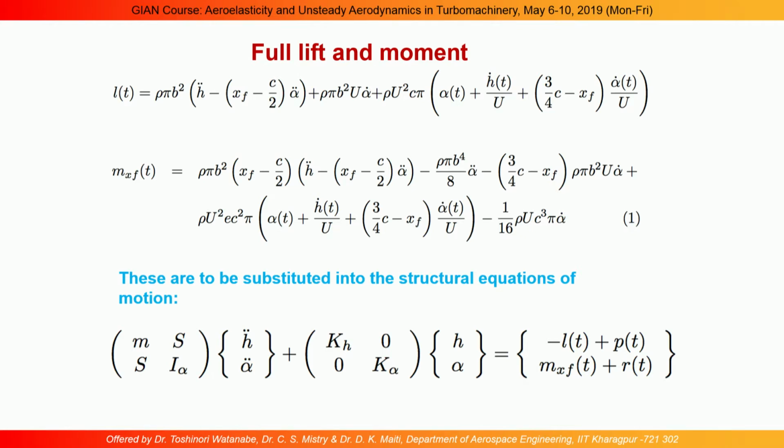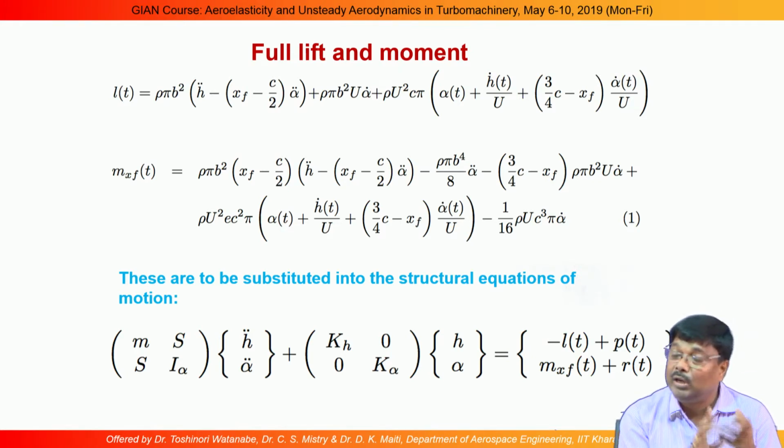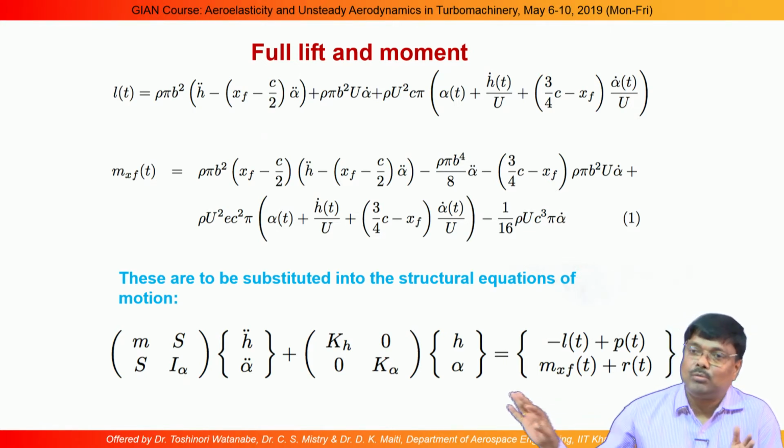If I take the terms appropriately to the left hand side, because we have some terms H double dot, alpha dot, then only alpha, only H also there. So, all these if we take to the left side, we will have right side equal to 0.